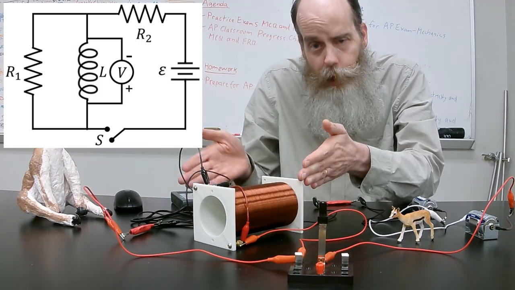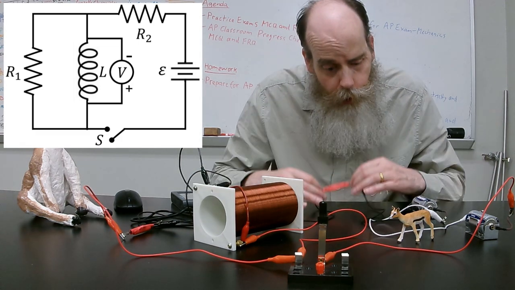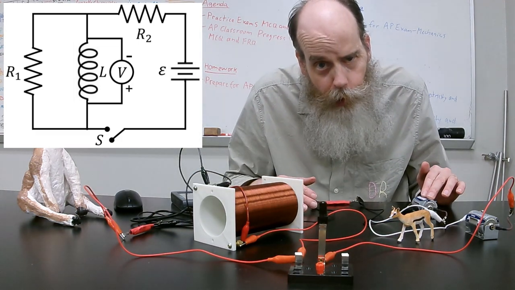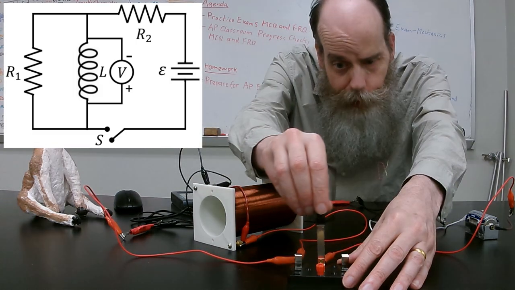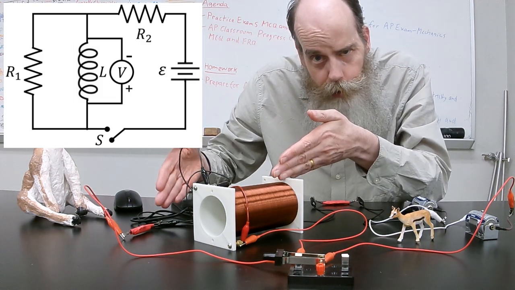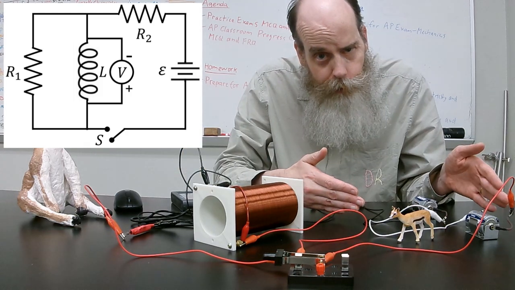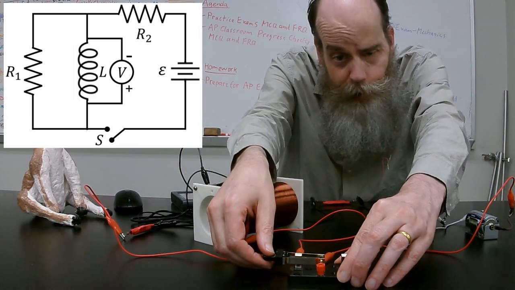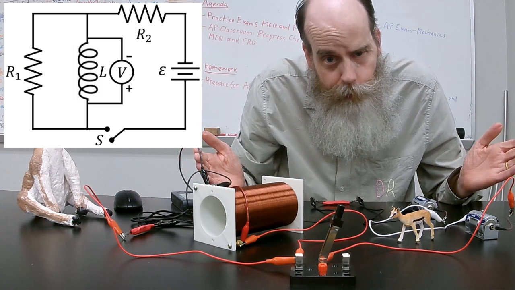And this parallel combination is connected to another resistor, resistor R2, which is connected to the negative terminal of the battery. Now, when I close the switch like this, I connect the parallel combination of the inductor and resistor R1 to the battery. And when I open the switch like this, I disconnect them from the battery.